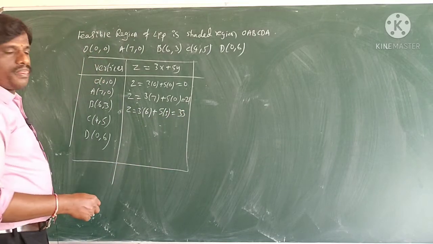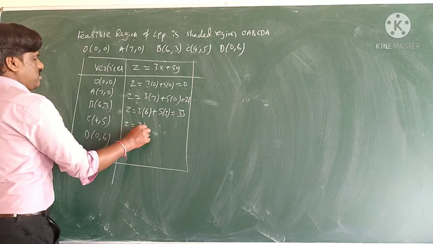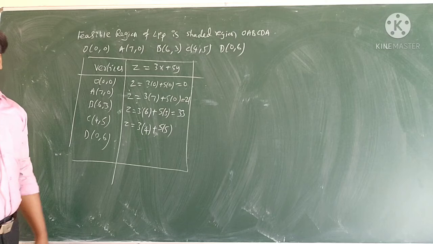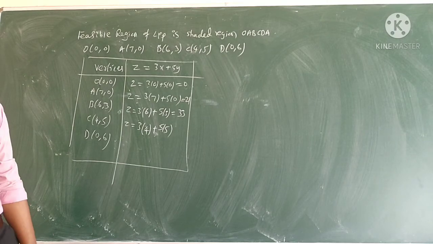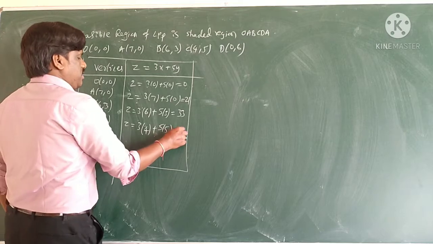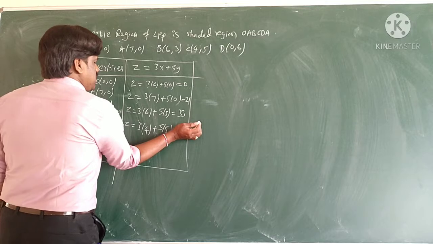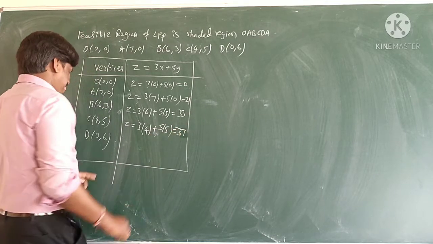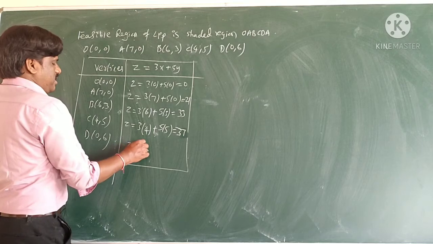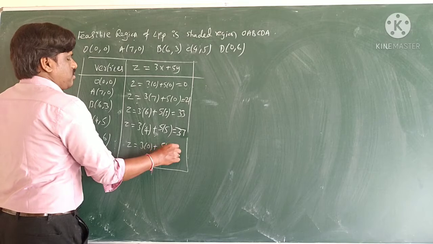Next, in the place of x, 4, and in the place of y, 5. 5 times 5 is 25, 4 times 3 is 12, 25 plus 12, 39. 39 you get. Then D is equal to 0 comma 6. Z is equal to 3 into 0 plus 5 into 6, that is equal to 30.